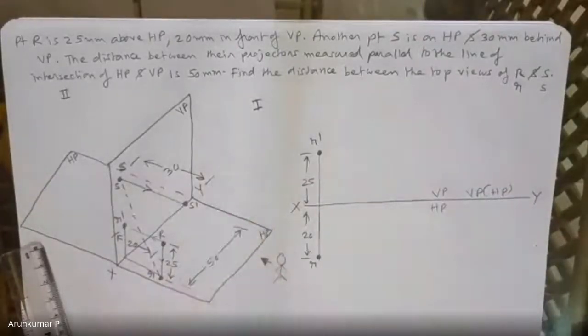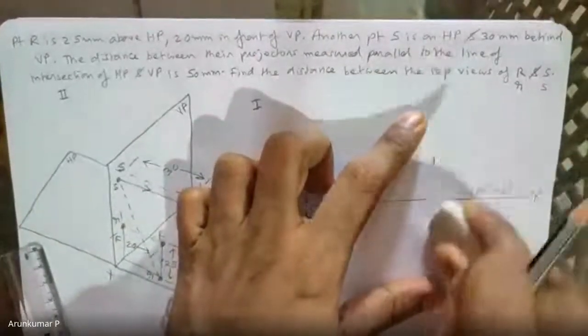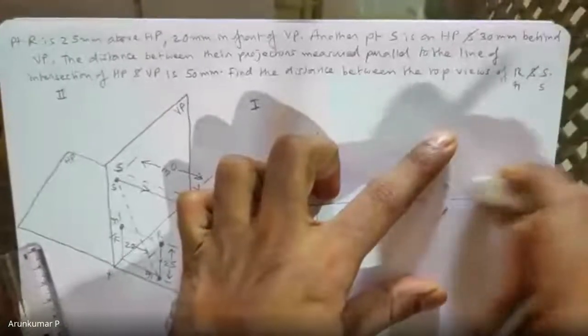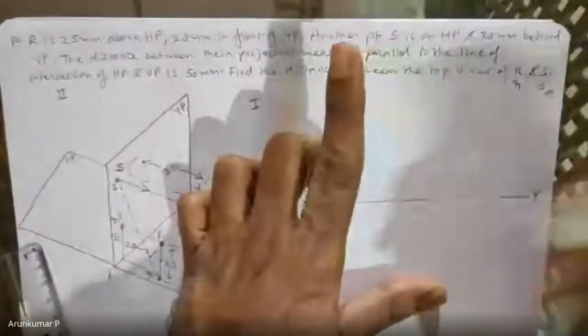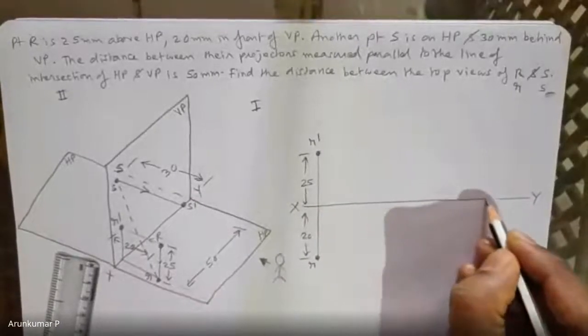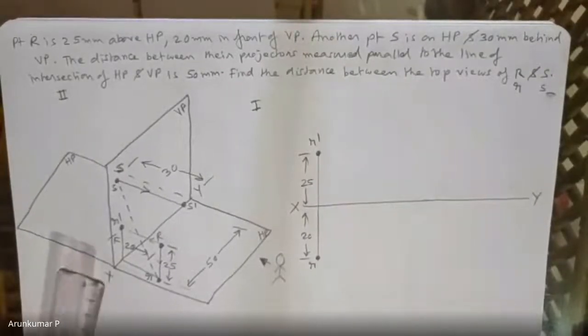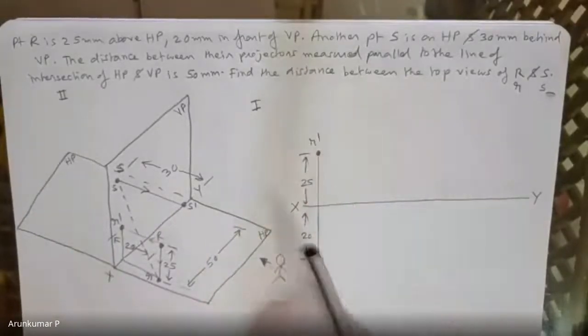So when there are 2 points, don't write the quadrant at all. Only when there is a single point can the quadrant system be written conclusively. Okay. R dash R, we have located the front and top views of the point R in the first quadrant.